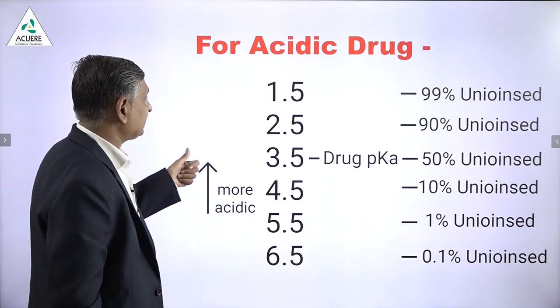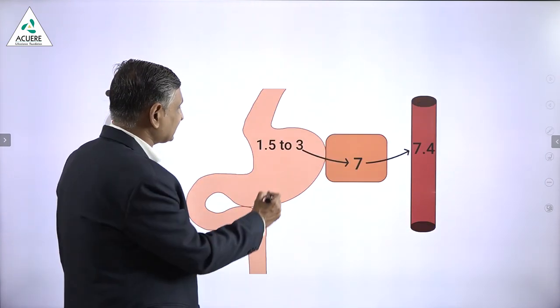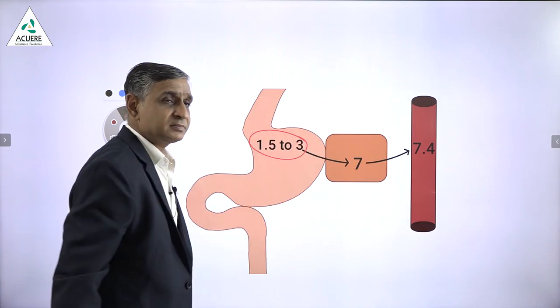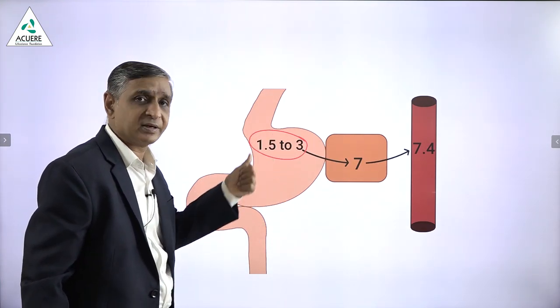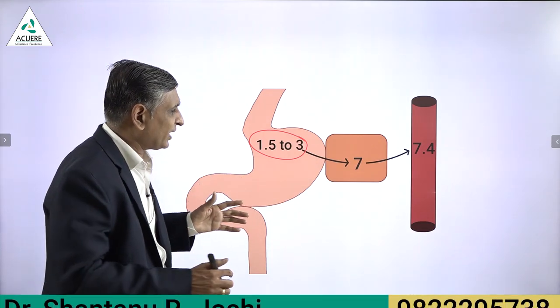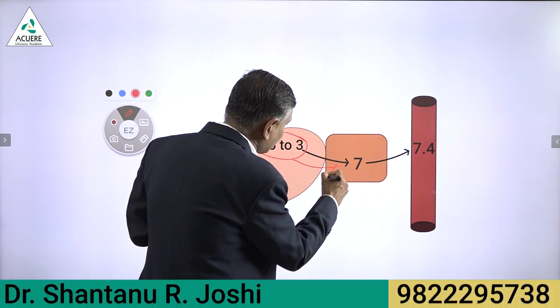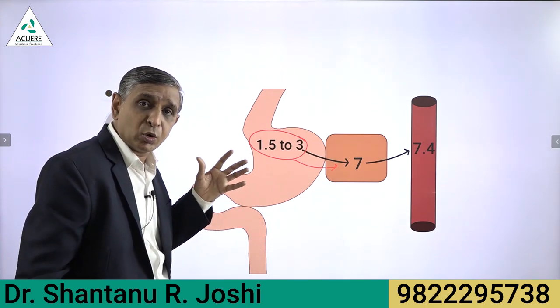My point is that when the drug, that is aspirin, is in the stomach having a pH of 1.5 to 3, the drug is highly unionized, meaning lipid soluble, and that's why it will pass to the wall of the stomach, to the mucosal cell.